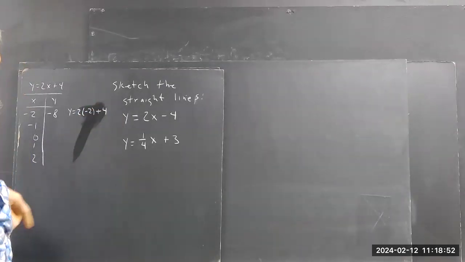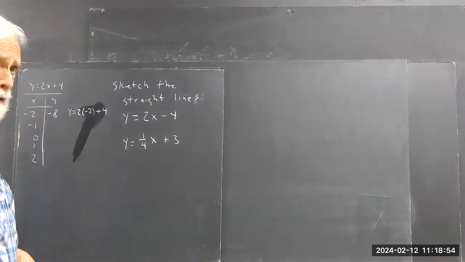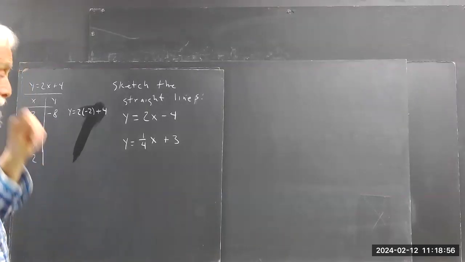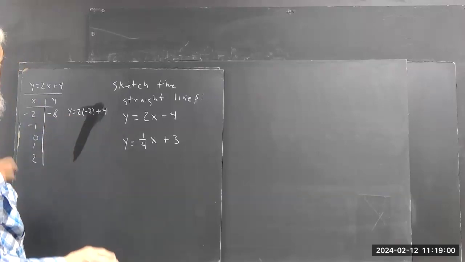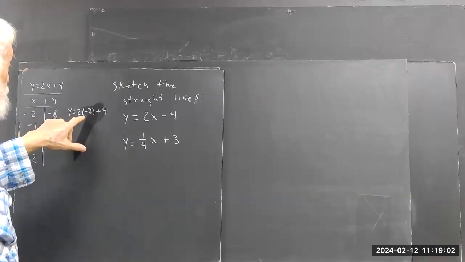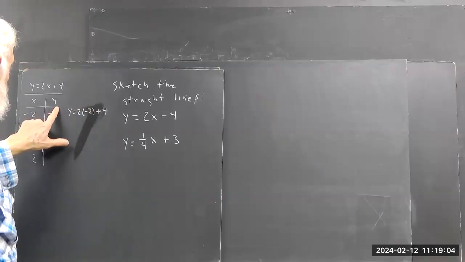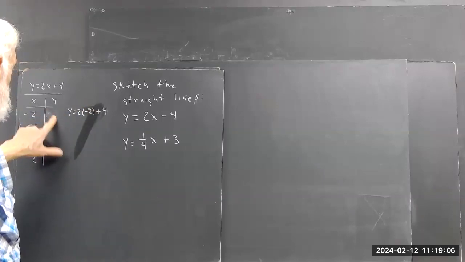Now, actually, when I wrote this down, I wrote it down wrong. If you believe me, instead of doing the arithmetic, you probably would have been better off doing the arithmetic. What do we get when we evaluate this? What should I put there instead of -8?